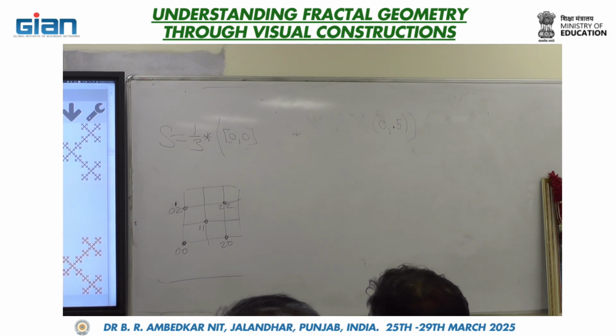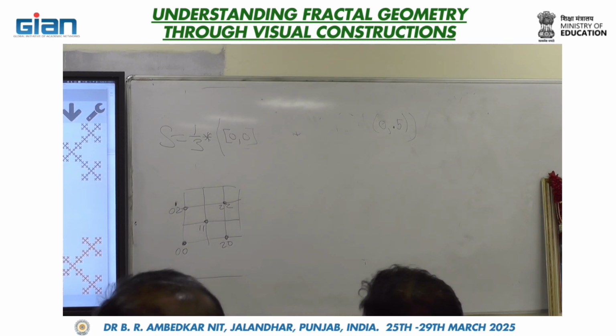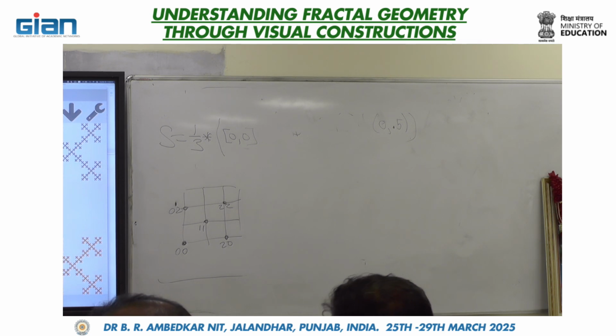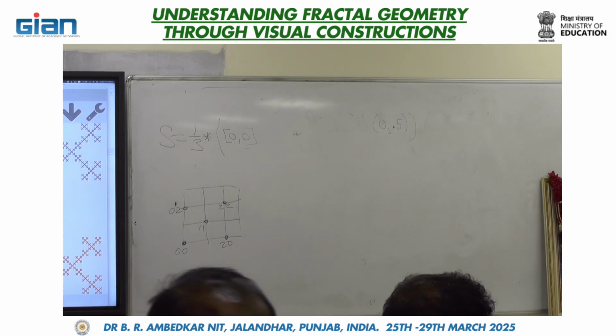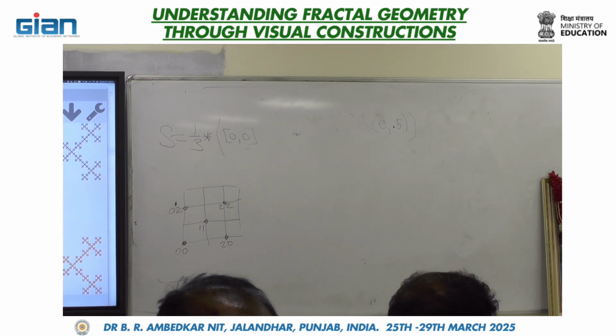So the whole program which defines the Vicsek fractal consists of 2 strings. If you wish to change it anyway, for example, I can make the following thing: 0, 0, 2, 0, 1, 0, 1, 2, 2, 2, and apply it.